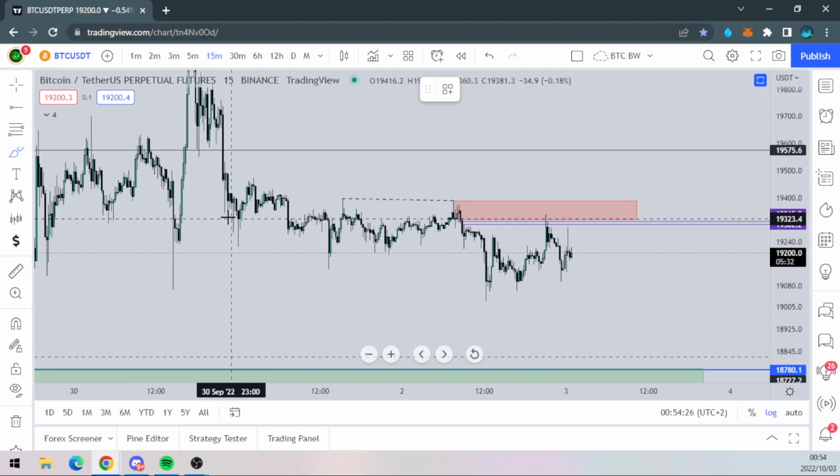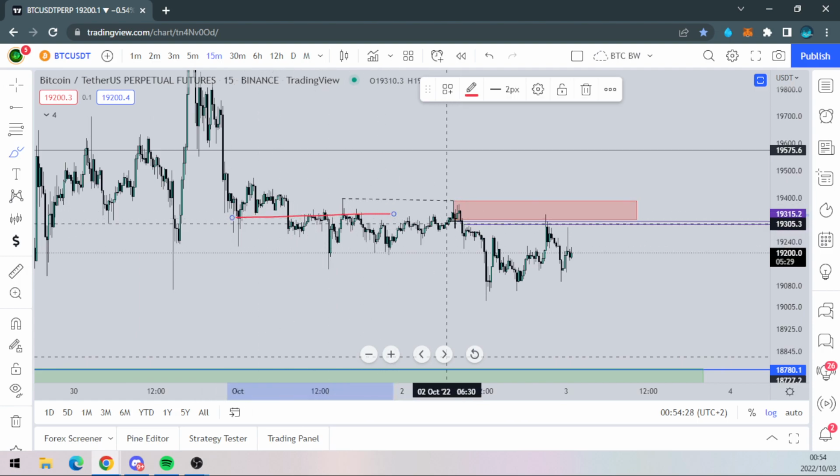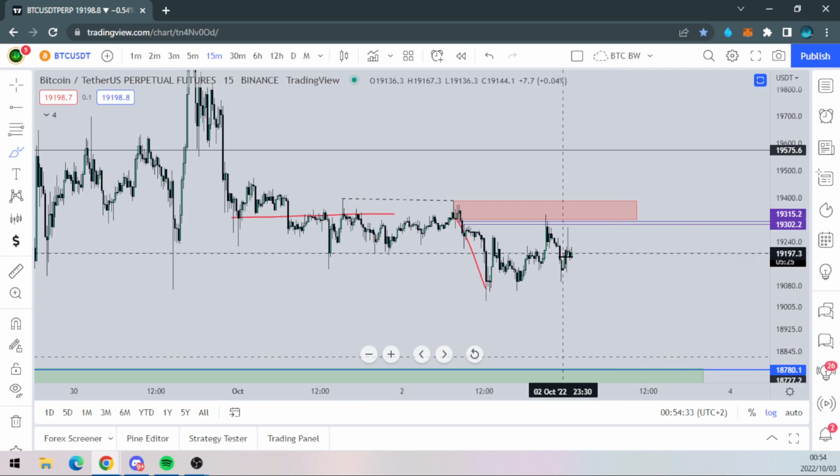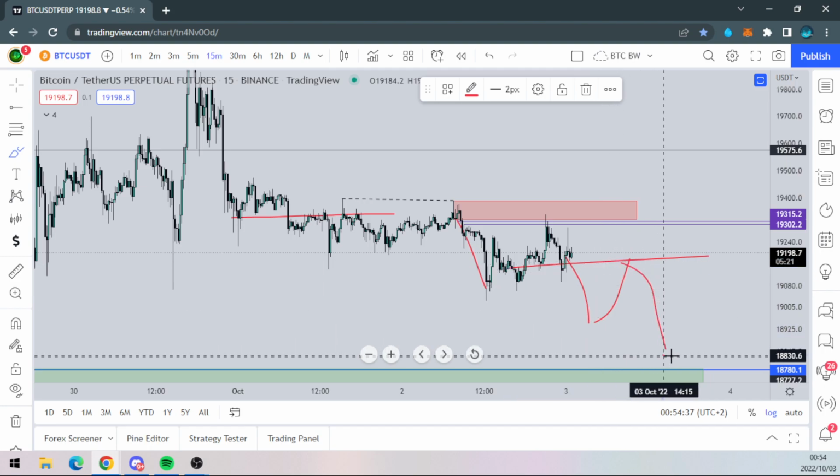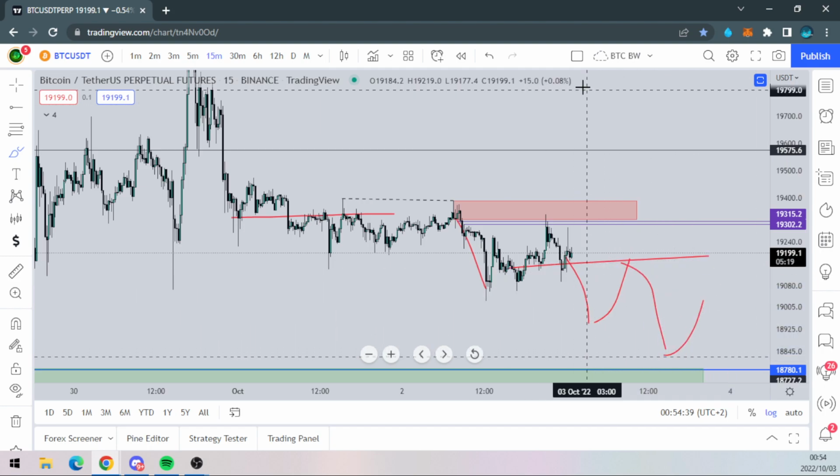So we have a breakdown, and then we have a retest, then we have a breakdown, and then we have a retest of the level there. So price can break down and retest the level that it broke. Break down, retest the level that it broke, and just carry on.